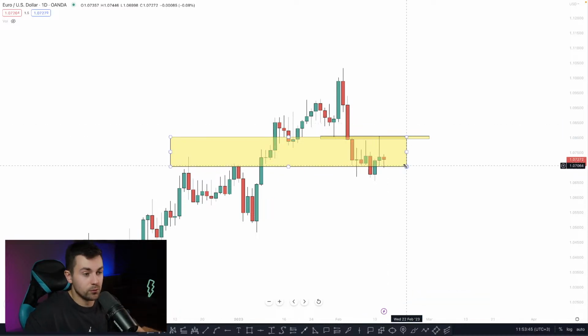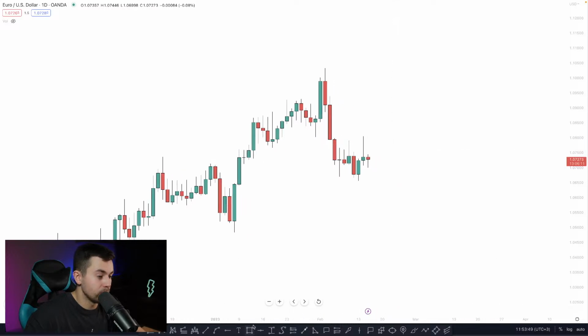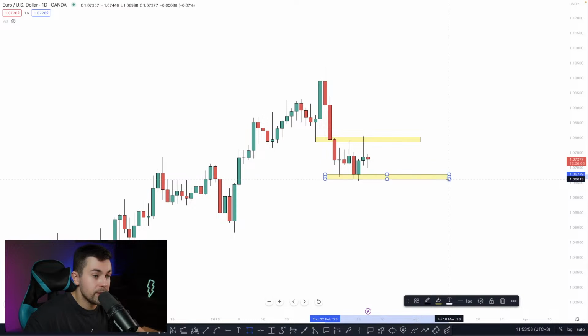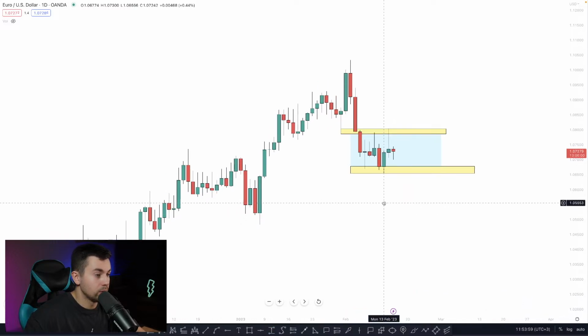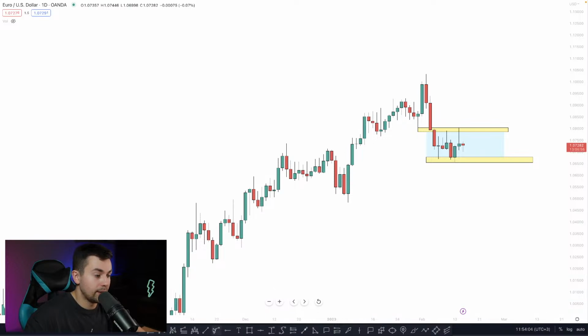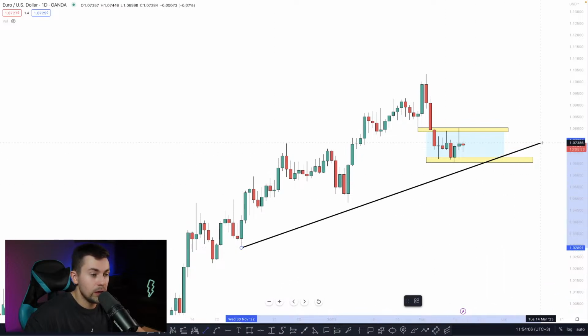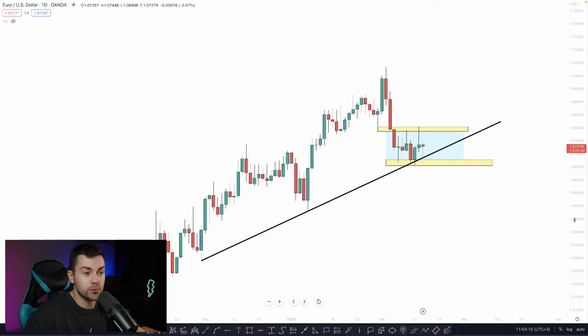Now, removing all those things and focusing on the recent price action, we can see that now we have the narrow range right here on the daily. And also, if we analyze the last lows, we can spot right here a rising trend line.